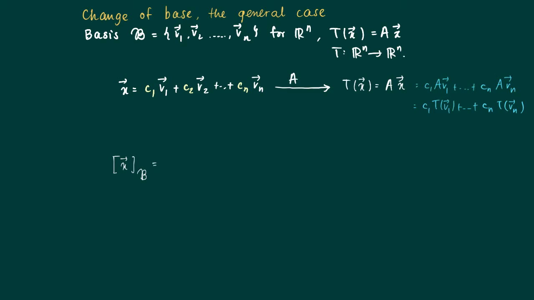Now the coordinates of x with respect to the new basis beta are c1, c2, etc. cn. And these coordinates are mapped onto the image T of x with respect to the new basis beta using a matrix B.